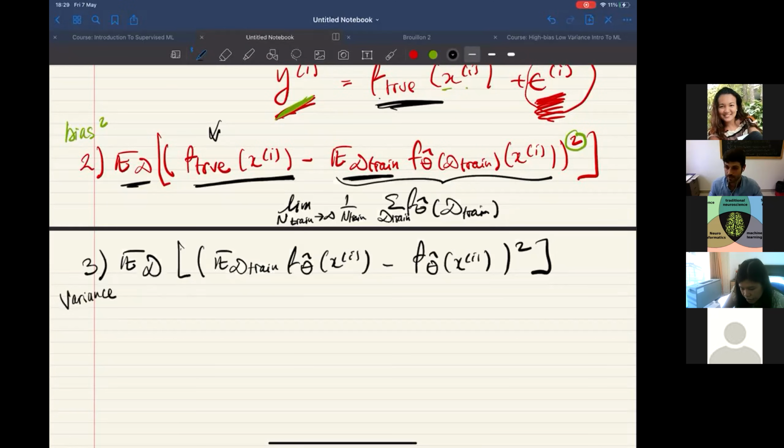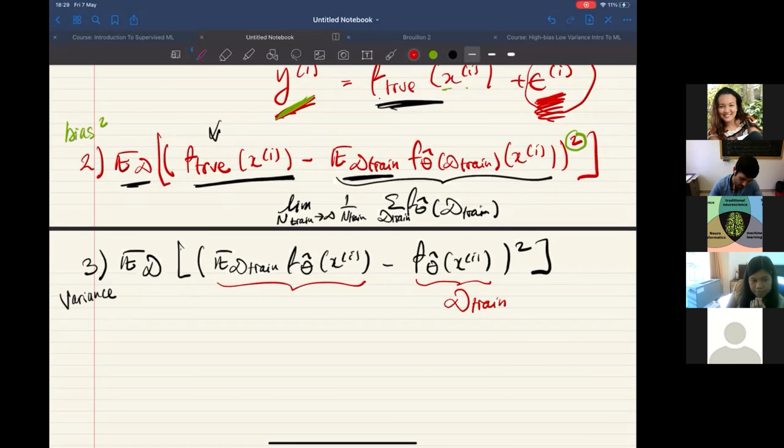And indeed, we see directly that it is a variance. Why? This is a random variable, which depends on the training data. It's a random prediction function, random as a function of the training data. While this is its average. So this does not depend on the training data. This is our best estimate in the hypothesis class.